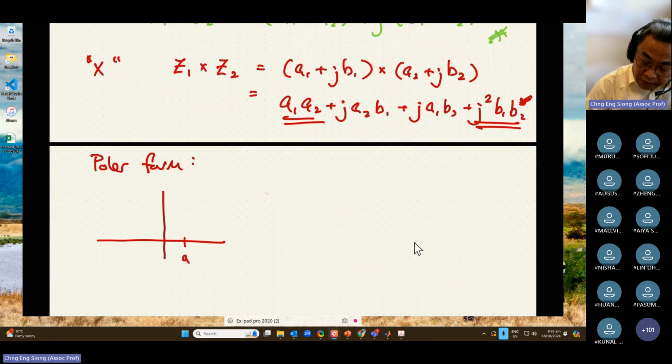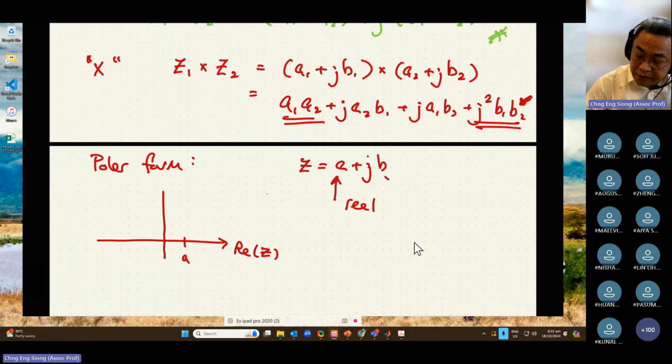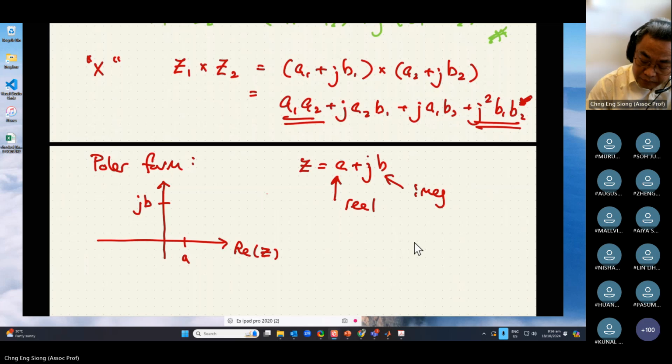This is A, the real part of Z. Z equals A plus JB. This is the real part, right? And this is the imaginary part. Therefore, this is JB.